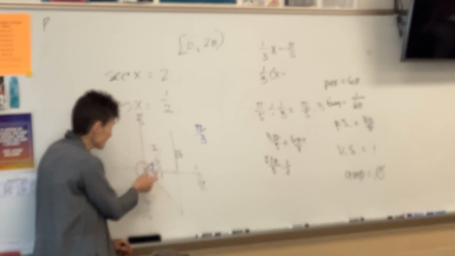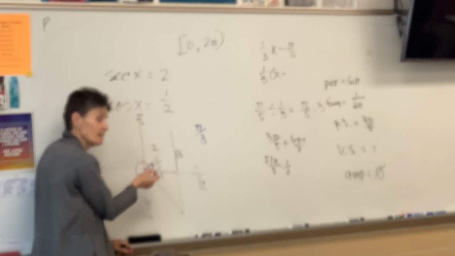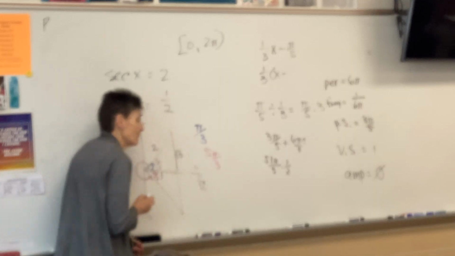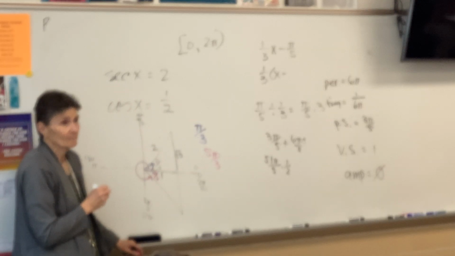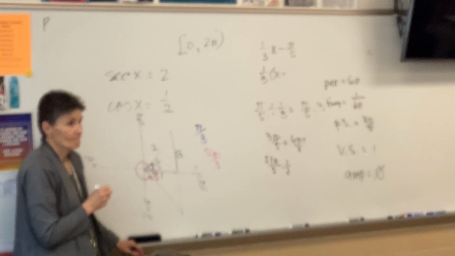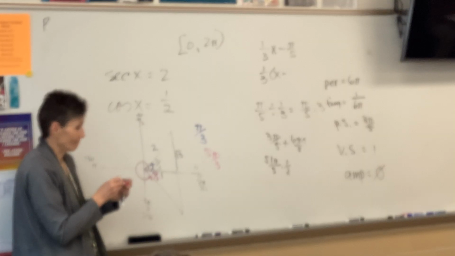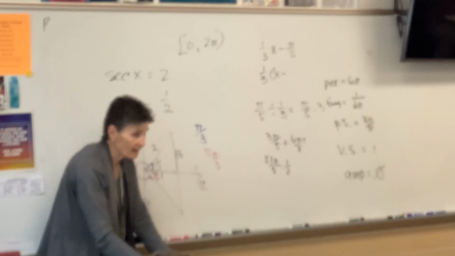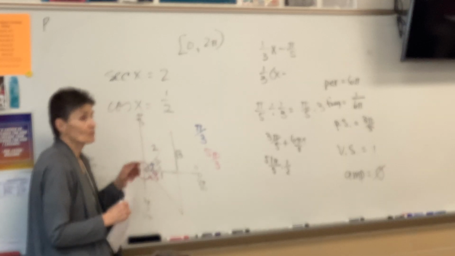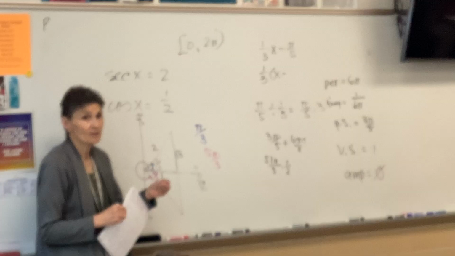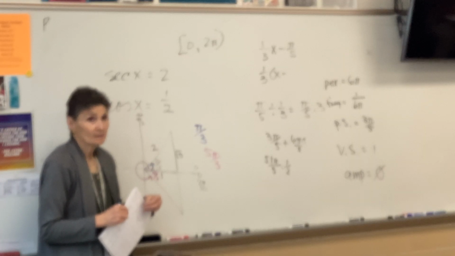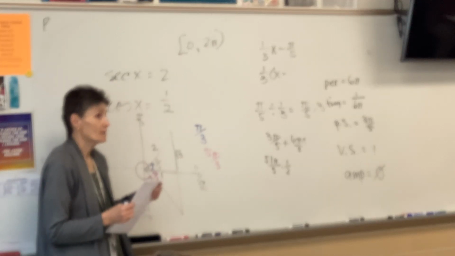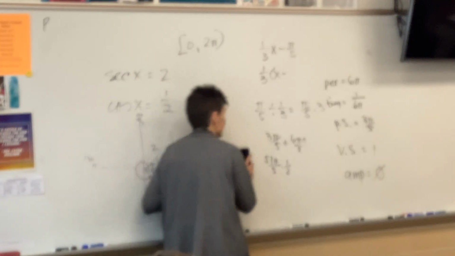But if I only go this much, that pink angle will be 5/3. And there are your answers. If you're doing these without a calculator, your angles are going to be 30, 60, or 45, right? So they're going to be pi over 6, pi over 3, or pi over 4. They're not going to be weird things.